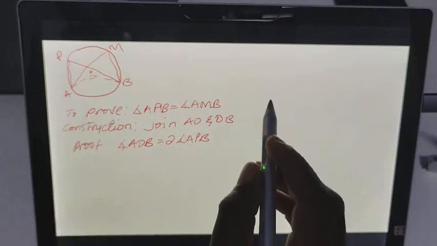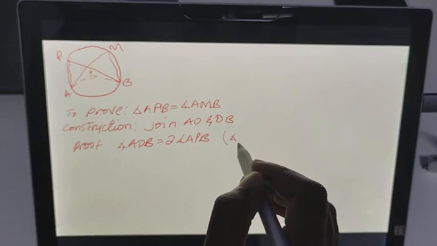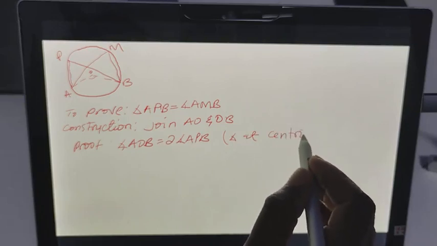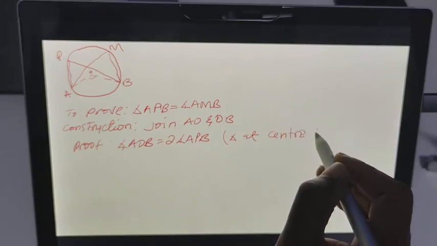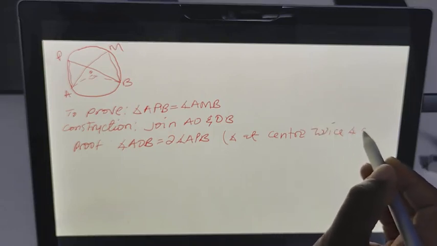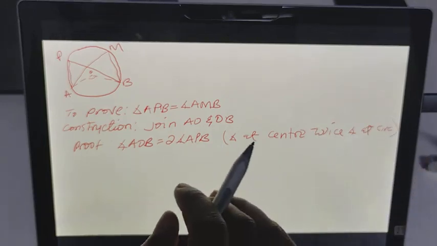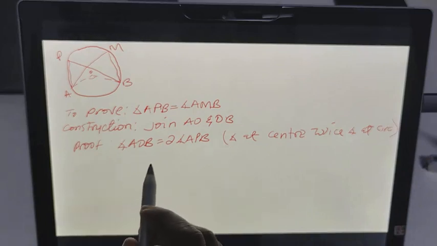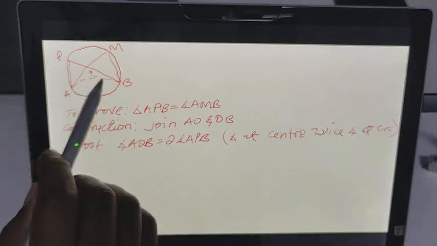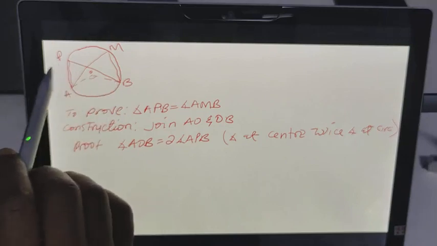The reason is that the angle at the center is twice the angle at the circumference. Remember to put a reason, it's very important. So we have shown that angle AOB is equal to twice angle APB.